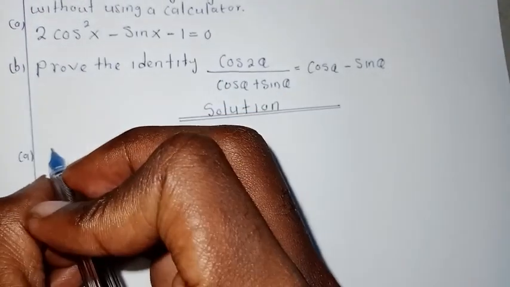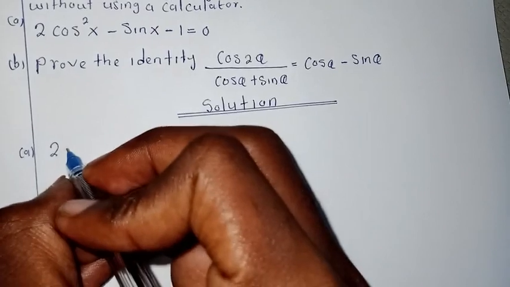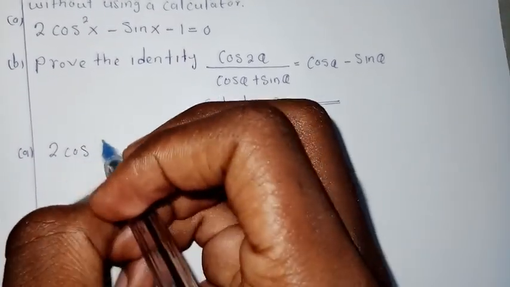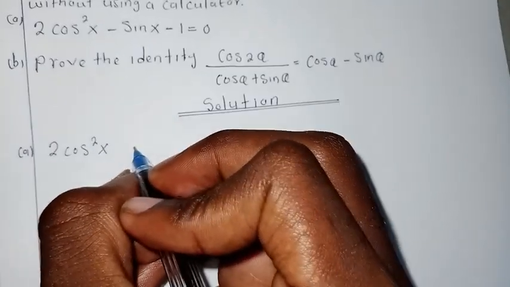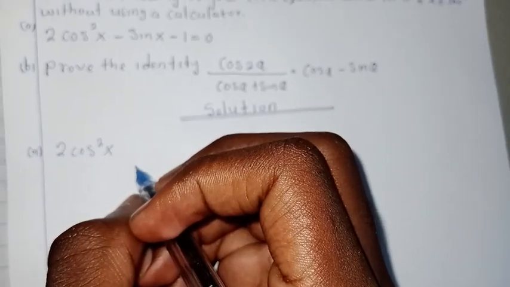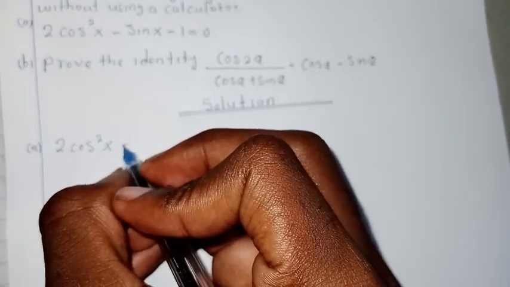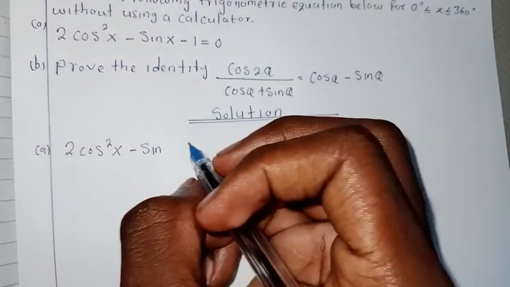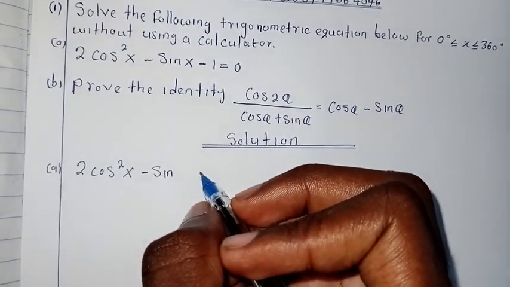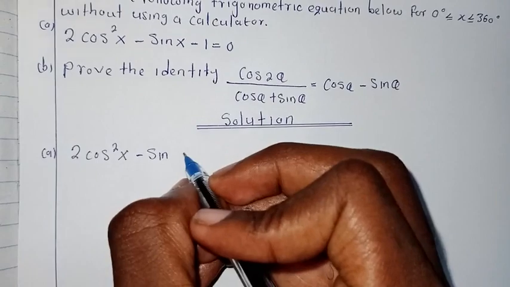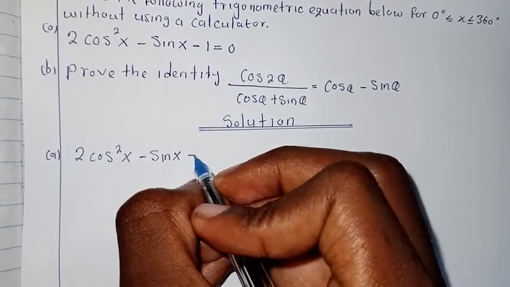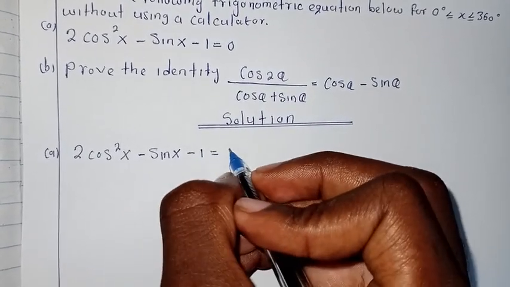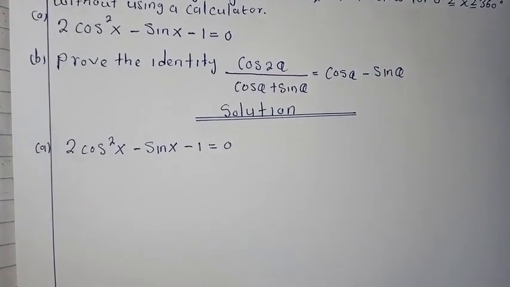So we have 2 cosine squared x minus sine x minus 1 equal to 0.